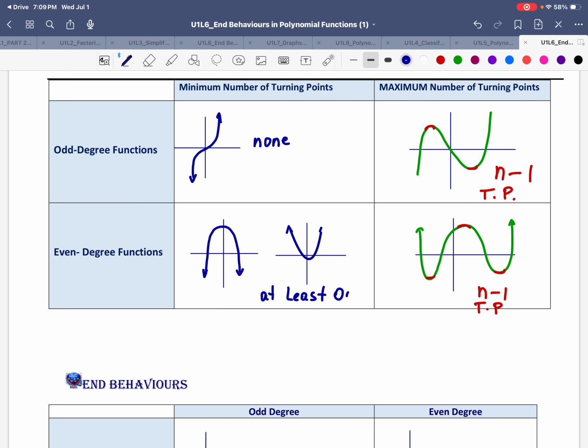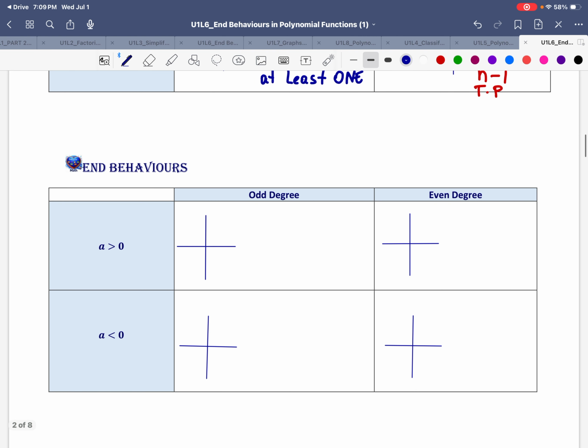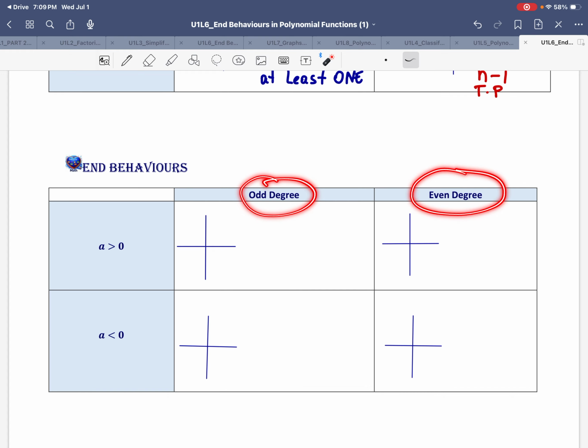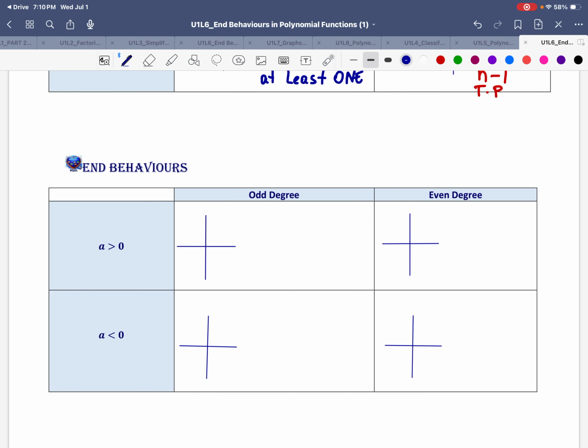Now let's move on to the end behaviors. End behaviors of functions, a very big component of graph analysis, will depend on the degree, whether it's even or odd, and the leading coefficient. And we've said that all odd degree polynomial functions will behave like the line, which is the simplest odd degree polynomial function.